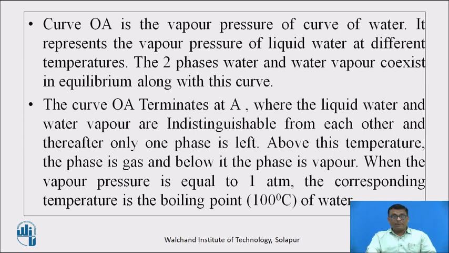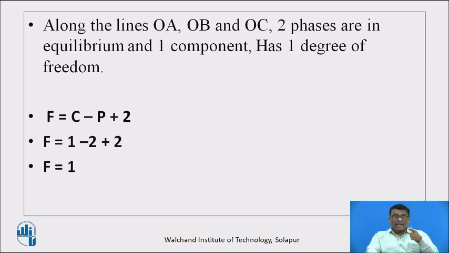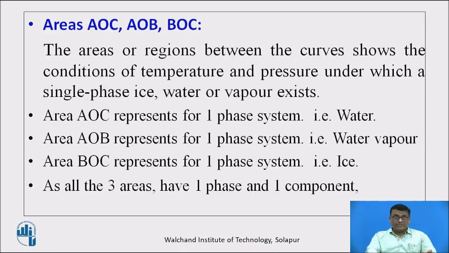It represents the vapor pressure of liquid water at different temperatures. The curve OA terminates at A, where liquid water and water vapor are indistinguishable from each other. By putting P equal to 2, we get F equal to 1 for all three curves, OA, OB and OC.